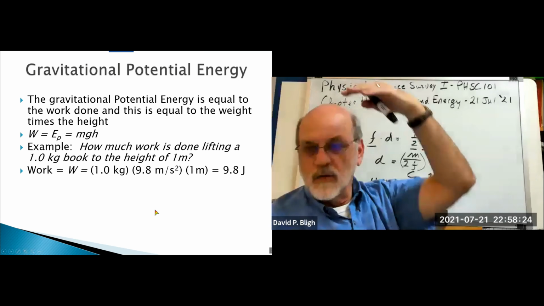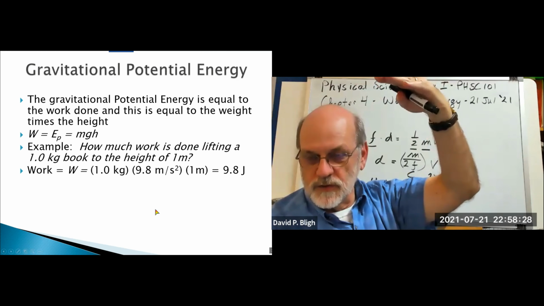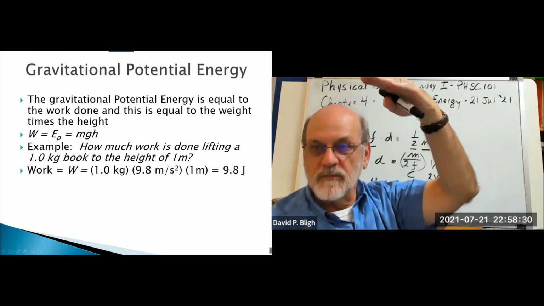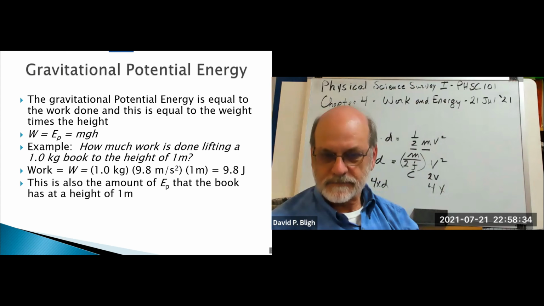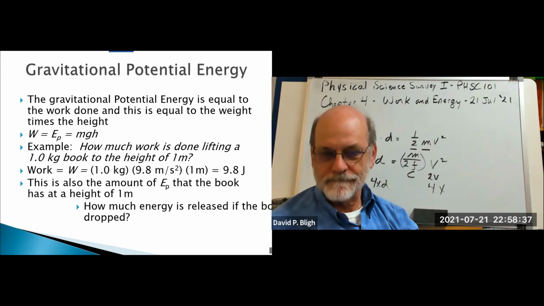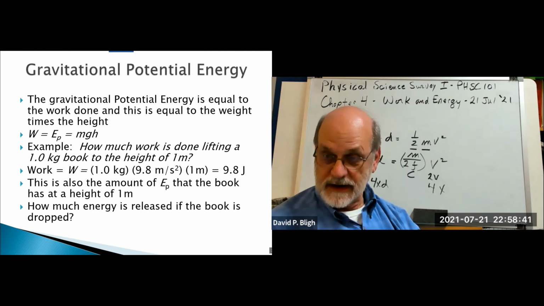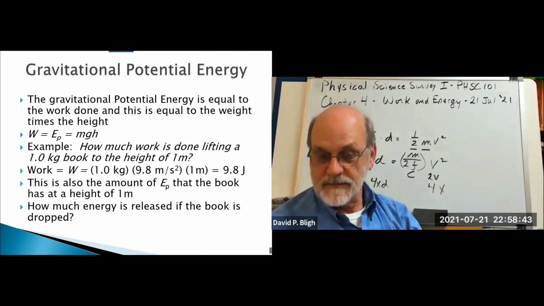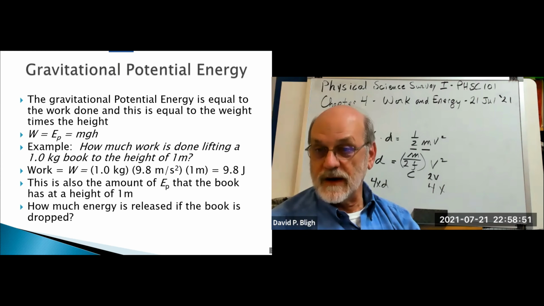So now we have stored an additional 9.8 joules in that book by virtue of its position. And if we release the book and let it drop that same distance, it will acquire 9.8 joules of kinetic energy just before it hits the ground.